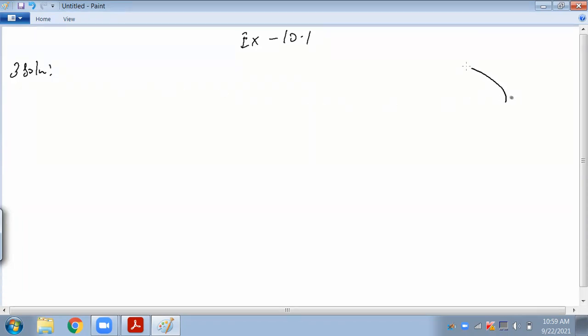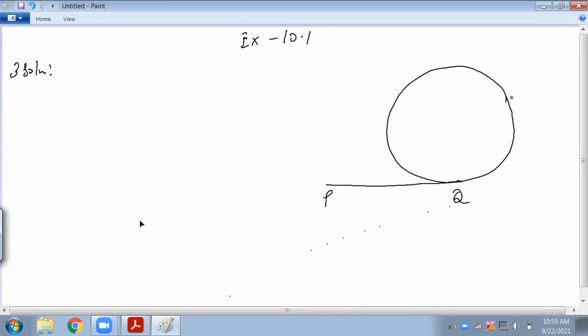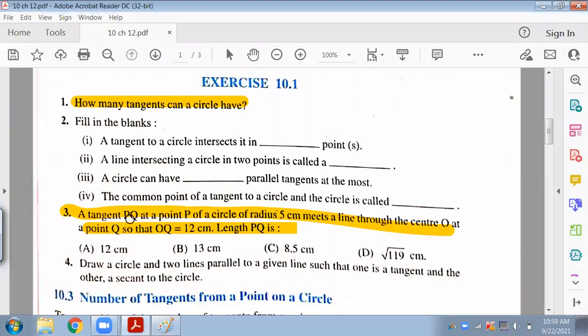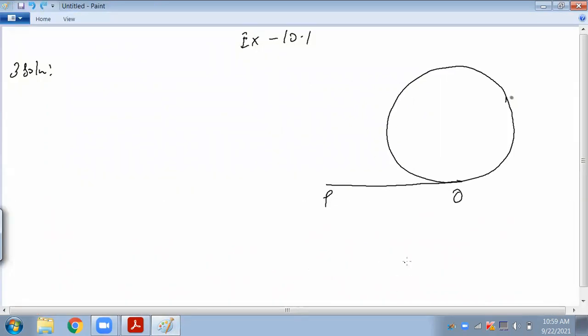So we have a circle, and PQ is a tangent at P. Sorry, it is a tangent at P, so Q will be here.